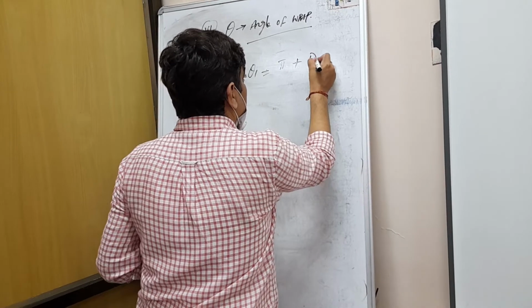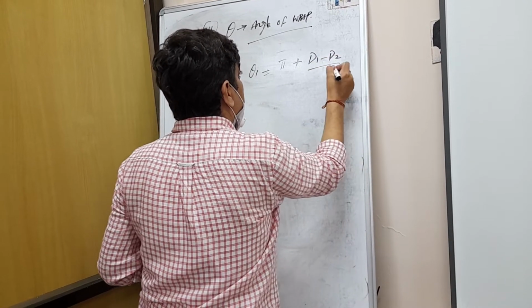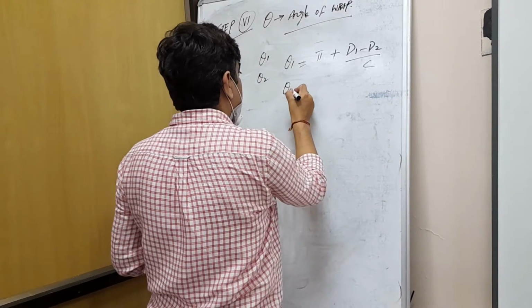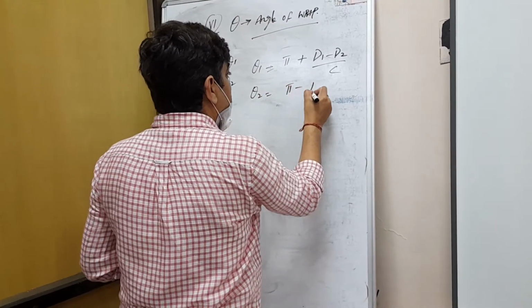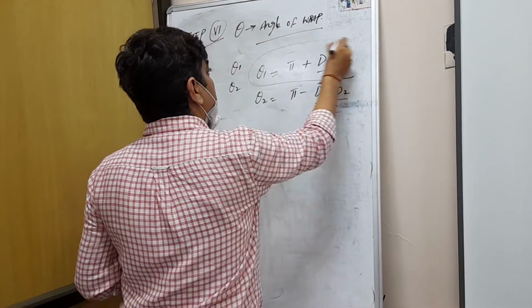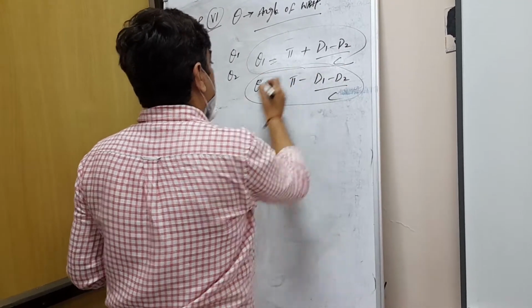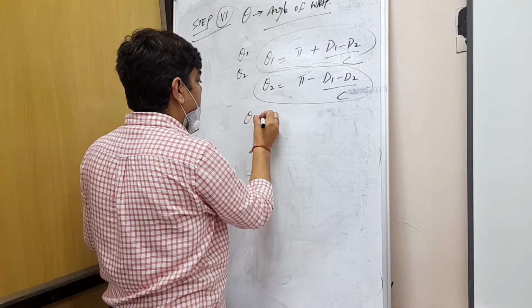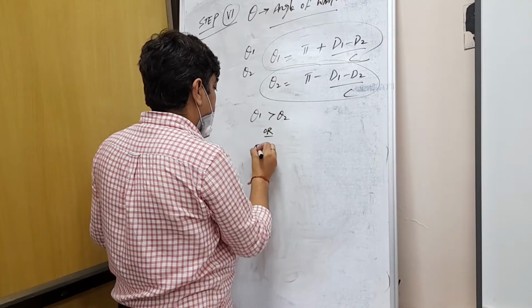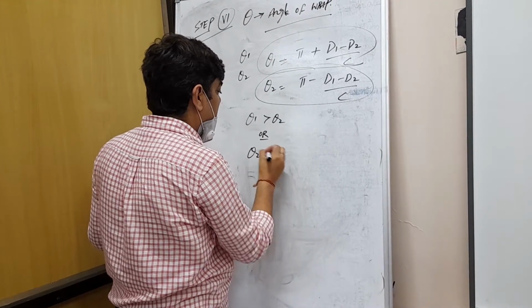I write theta 1, that is for the smaller pulley, and theta 2 for the larger pulley. So theta 1 is pi plus (d1 minus d2) by c. Similarly, theta 2 is pi minus (d1 minus d2) by c. So this is 1, this is 2. You have to compare both, whether theta 1 is greater than theta 2 or theta 2 is greater than theta 1.